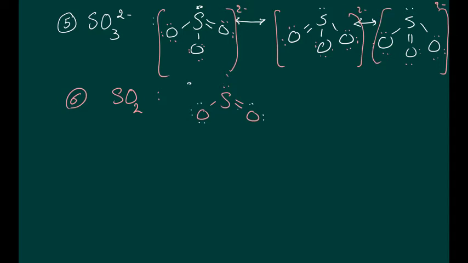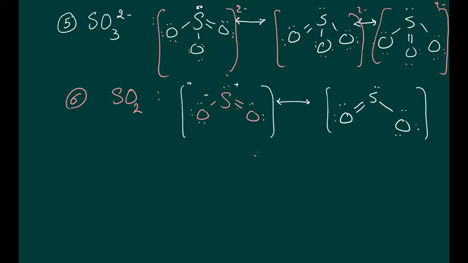This is the structure of sulfur dioxide molecule. The other resonance form is by alternating the position of the double bond, making it on the left hand side. Don't forget about this plus and minus. You will not be asked for it, but this is for accuracy of the drawing.